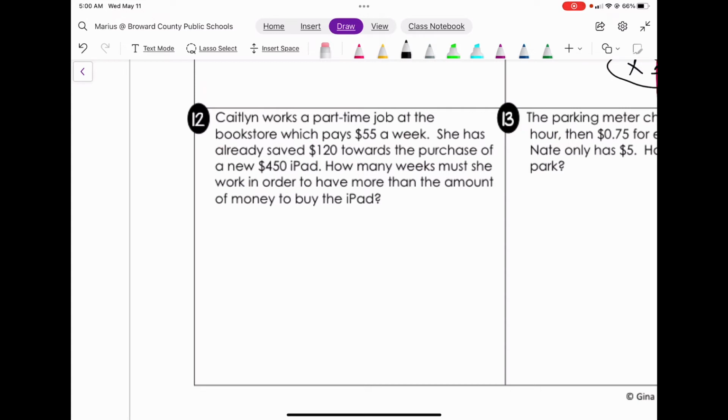So we have a few things here. We have a job at the bookstore that pays $55 a week. Then she already saved $120 towards a purchase.